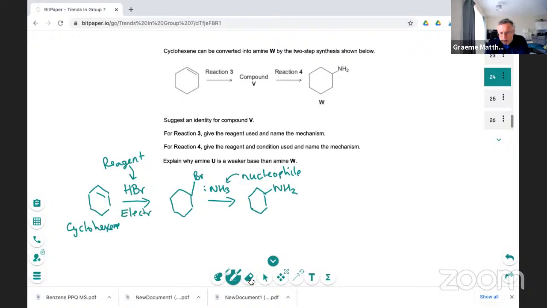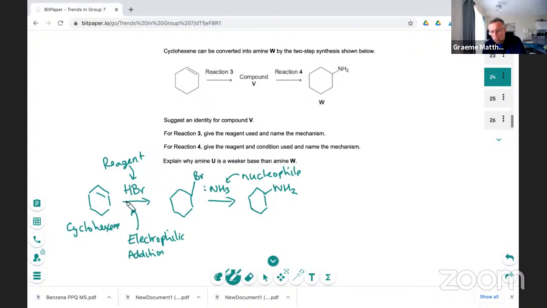So hold on, let me write it down here. I'm thinking the mechanism could be electrophilic addition, because you've got the hydrogen bromine bond, and the double bond in the alkene attacks the HBr, you stick the proton on, and then you get the carbocation and the bromine attacks. So yes, this is electrophilic addition.